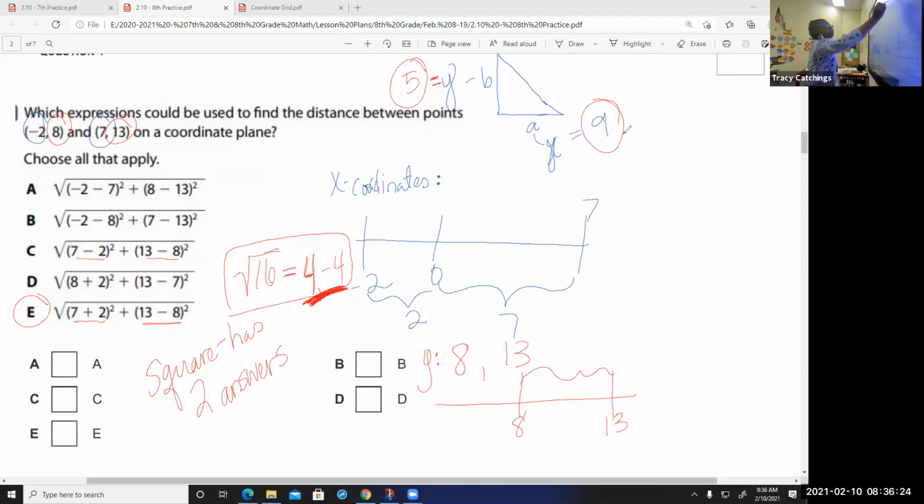So although we have 9 and we have 5, what other values can I square and I still get the same answer? All right, we said 4 and -4 squared would be the same. So 9 and what else squared would be the same?